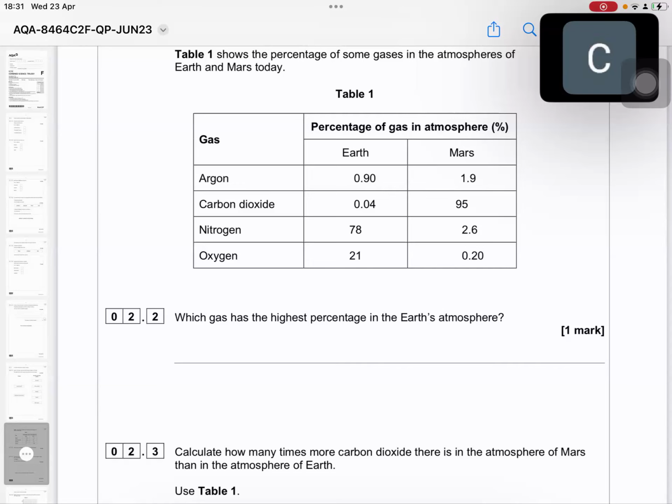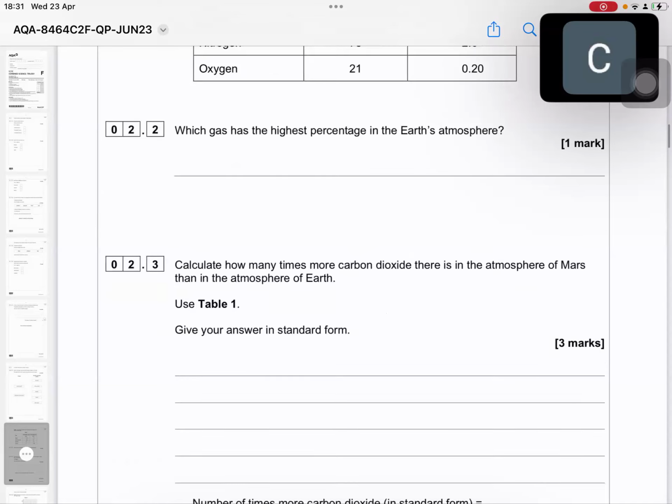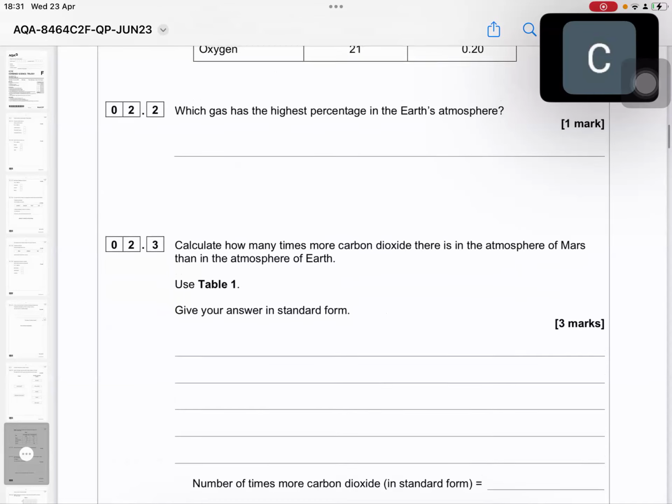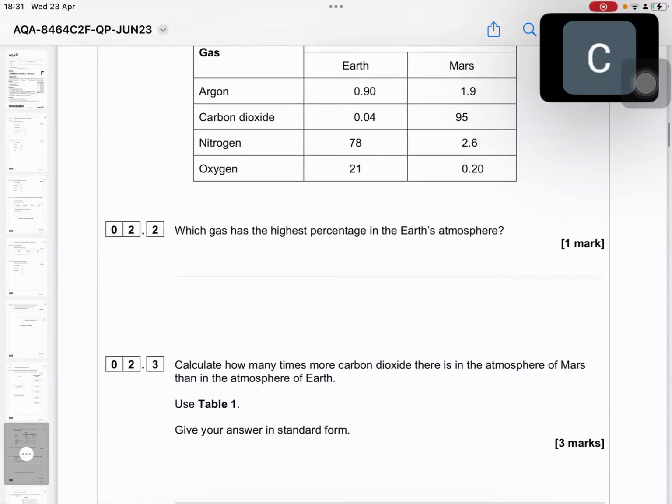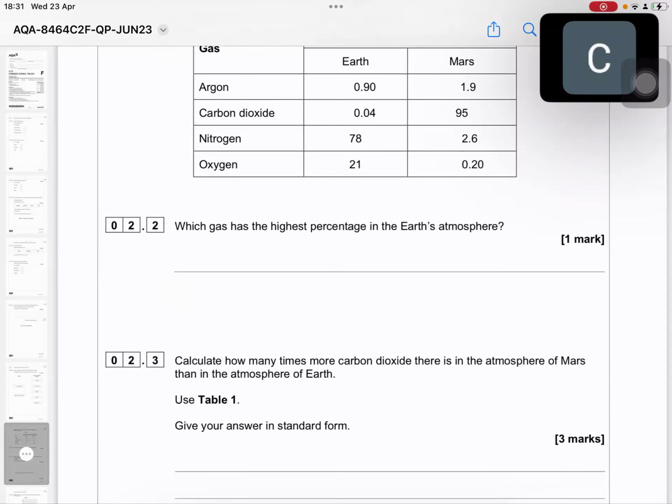So, what's the next question? It says calculate how many times more carbon dioxide there is in the atmosphere of Mars than in the atmosphere of the Earth. So basically we're comparing. If we look at this table, carbon dioxide on Mars is 95, while on Earth it's 0.04.